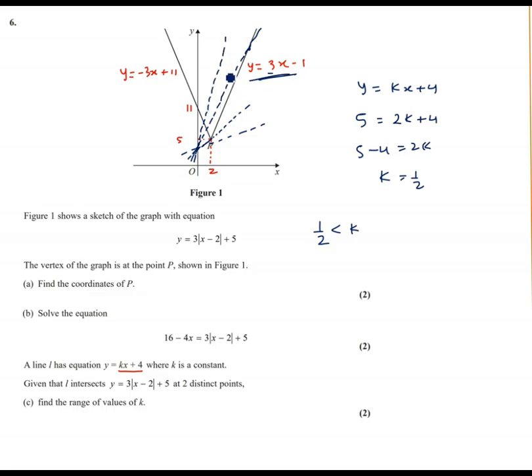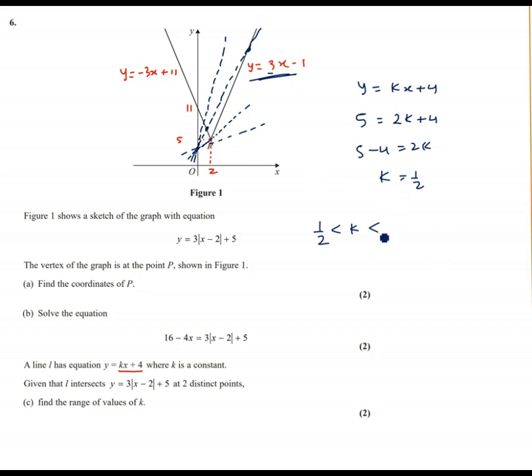If the gradient, the value of k, is less than 3, then there is a guarantee that the line will intersect this line here and this line here. So you will get two distinct solutions.